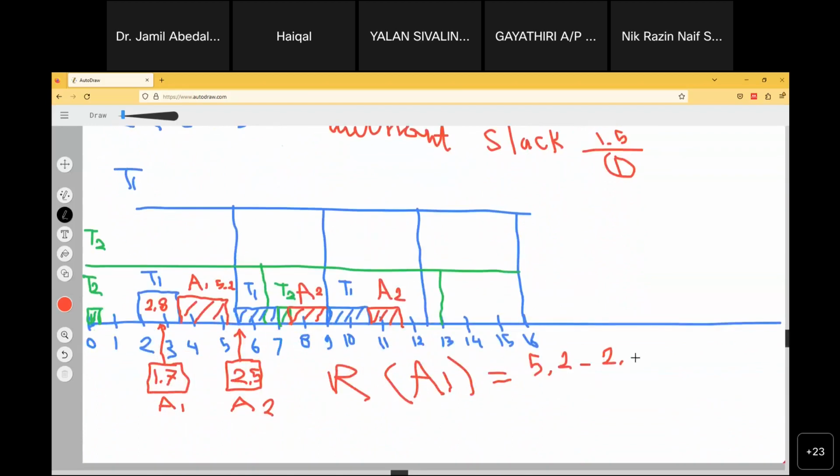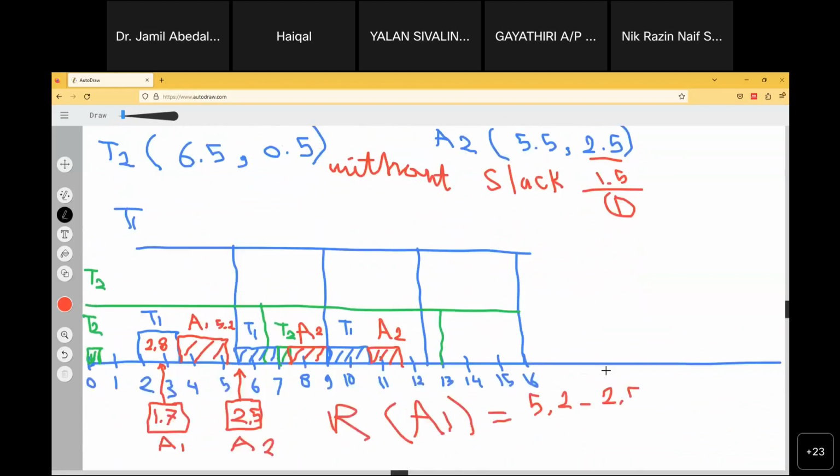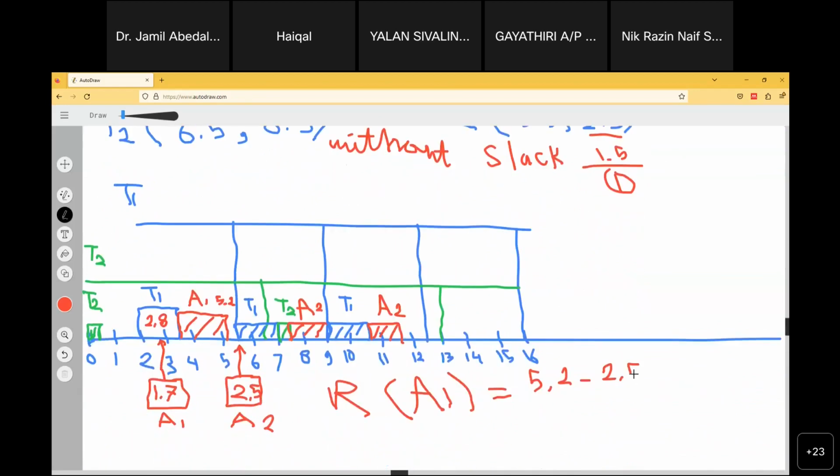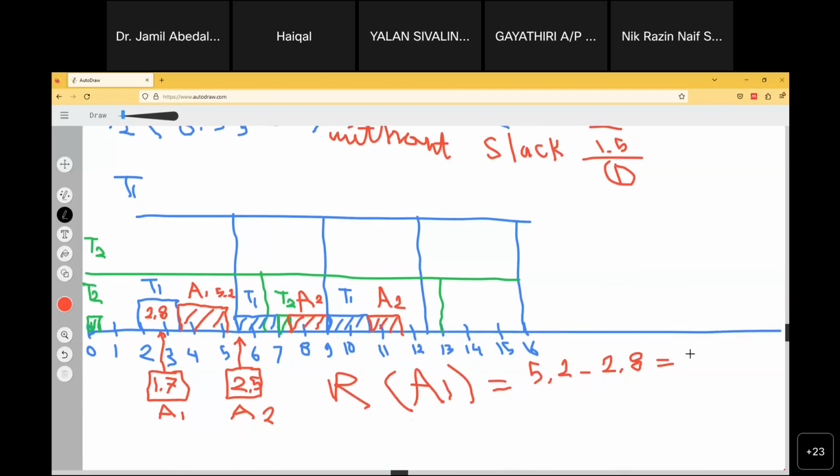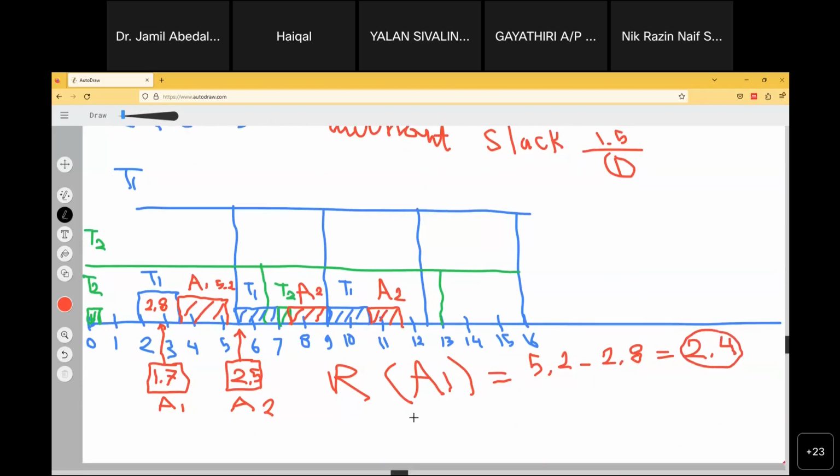Equals 5.2 minus 2.8. How much? 2.4, sir. 2.4. This is the response time of aperiodic 1.